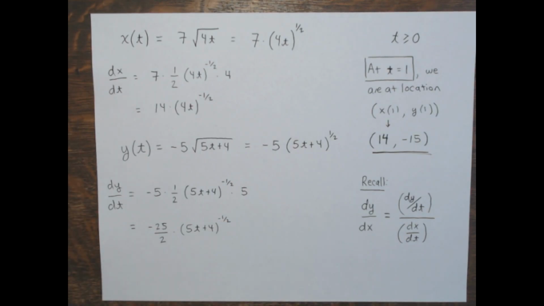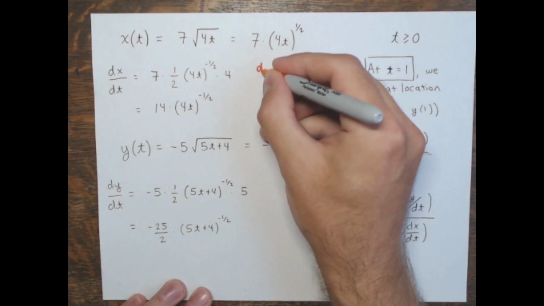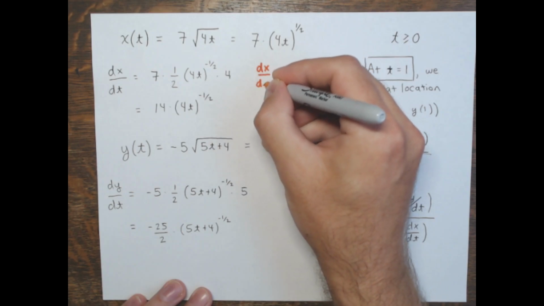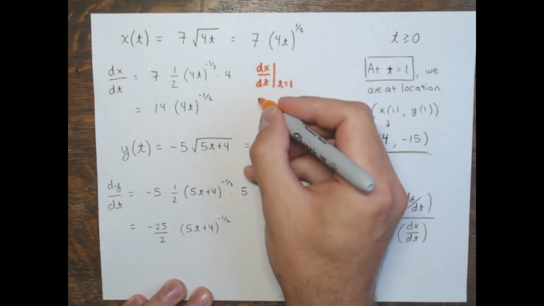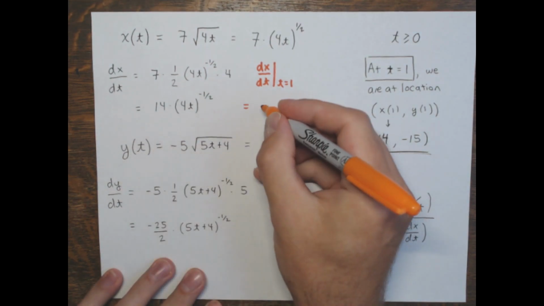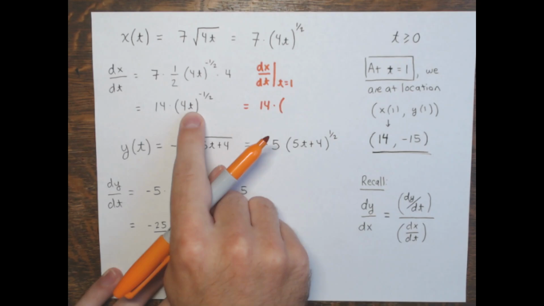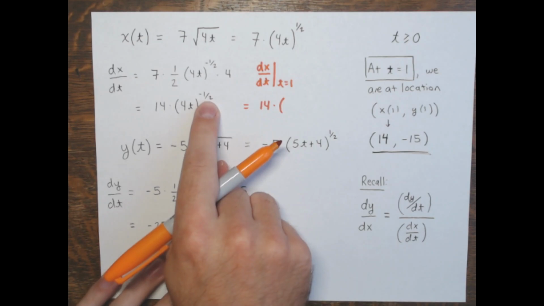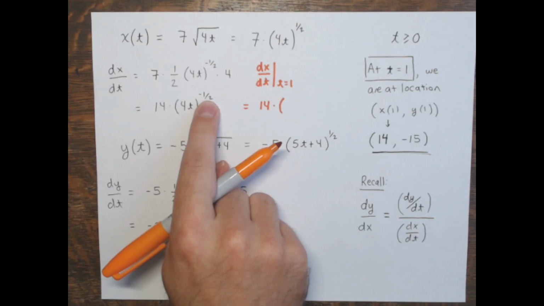All right, so let's go to the point where t equals 1. The derivative of x with respect to t at t equals 1 is the following. It's 14 times, and then 4 times 1, we're just replacing t with 1, would be 4 to the negative half. Remember, 4 to the half would be 2, that's the square root of 4.